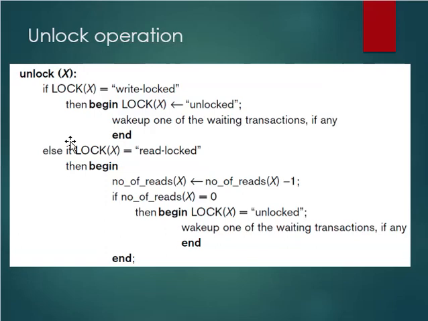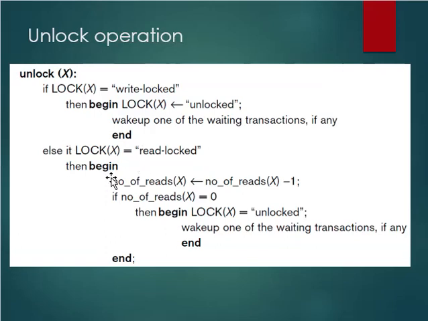So the transaction has to check whether the number of reads is greater than 1. If it is greater than 1, there is more than one transaction. If it reduces the number of reads by 1 and reaches 0, that indicates this transaction is the last one that holds the read lock.